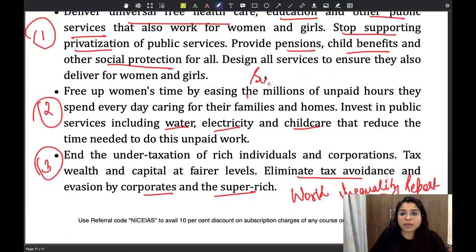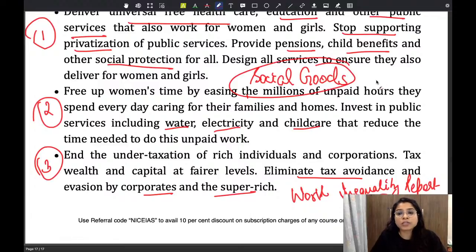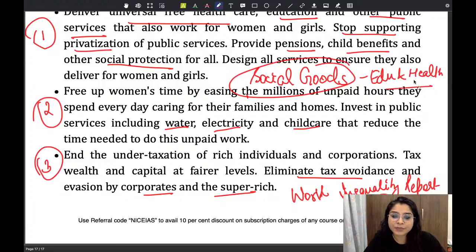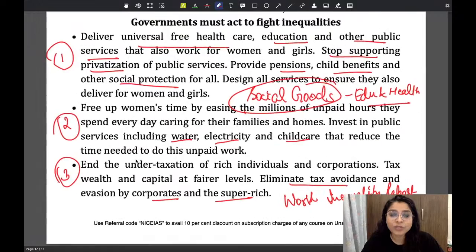Again, something Amartya Sen has also said, we should provide social goods, and these social goods are again education and health, right? So these are the points of inequality and how governments can solve the problem of inequality, and the major reports and thinkers I have told you that you can mention.